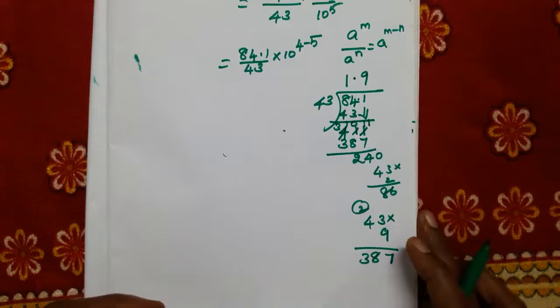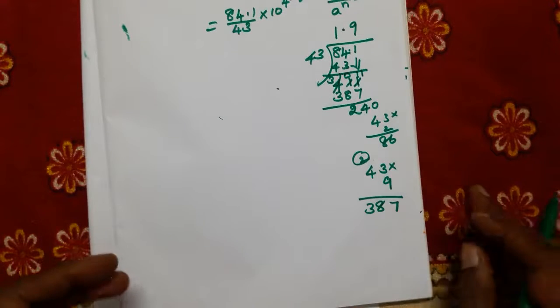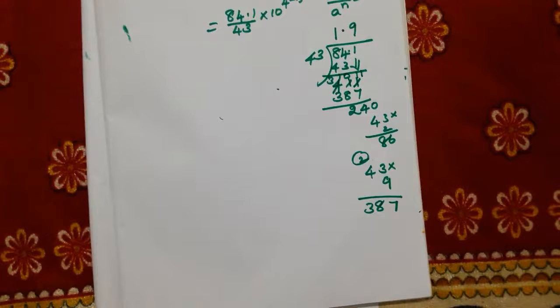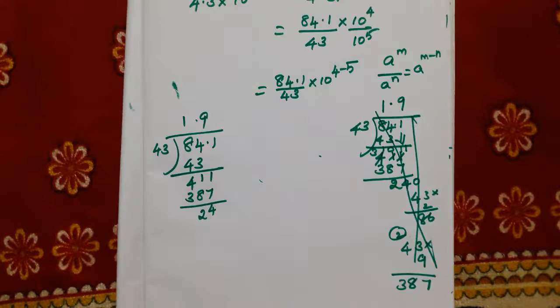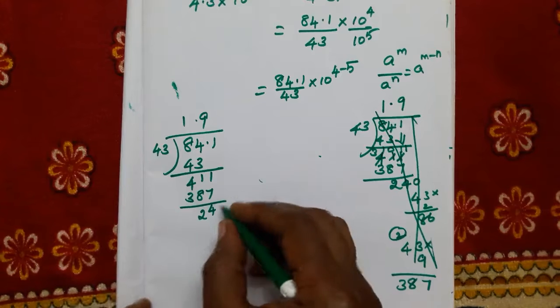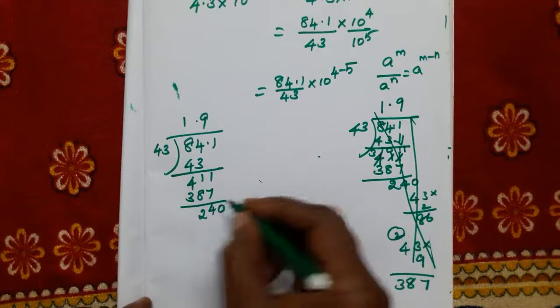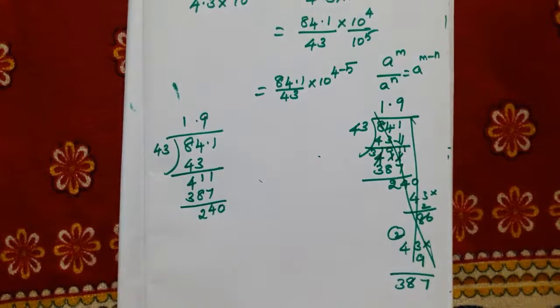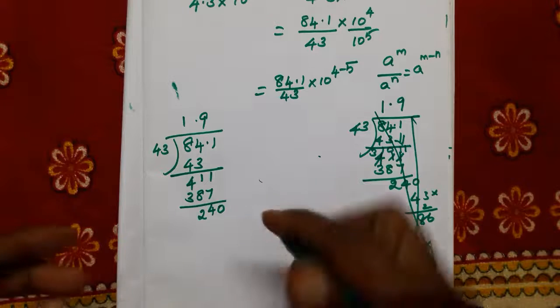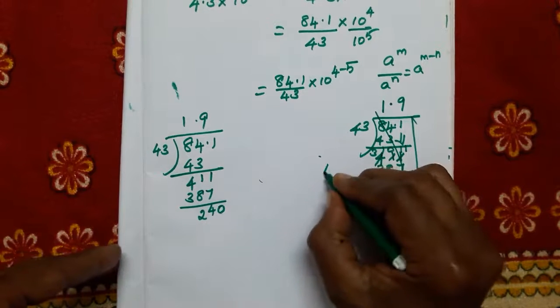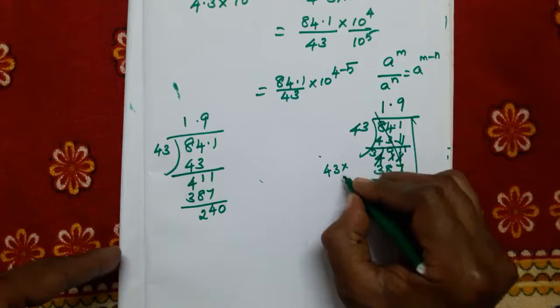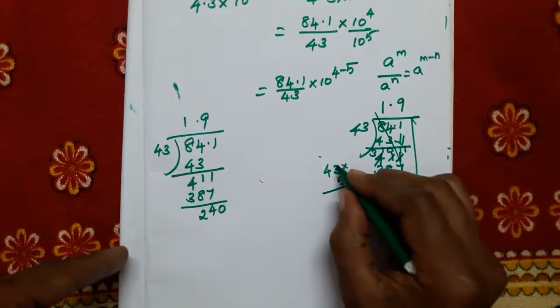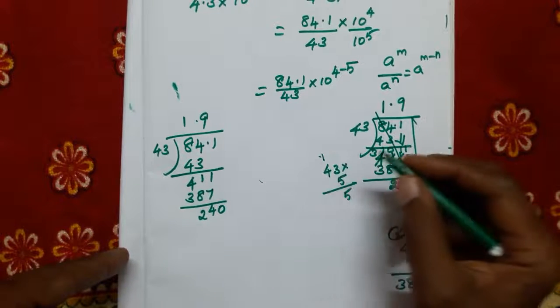Next again we include 0 here. When we include 0, we get 240. 240, how many times? 5 times. When we multiply 43 into 5, 5 3s are 15, 1 balance.